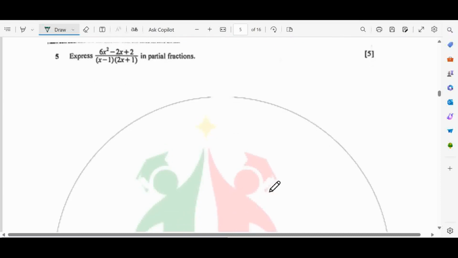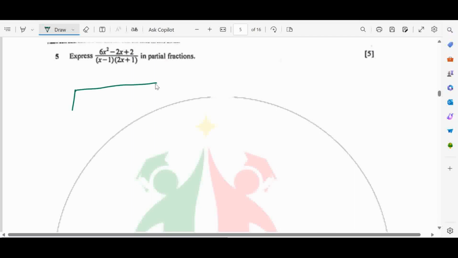Question number 5. Express this in partial fractions. To easily express this in partial fractions, first of all, this one is not a proper fraction, so we need to divide it.